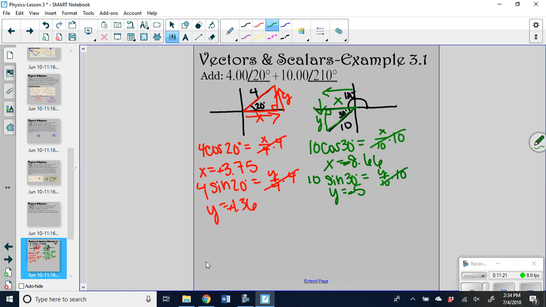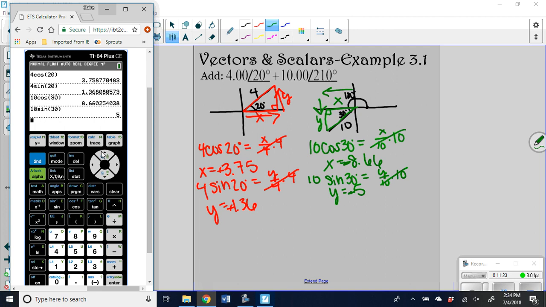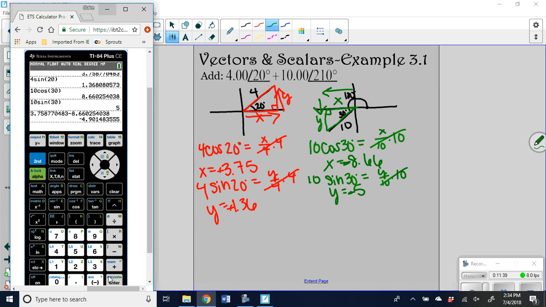So whenever we add our x's together, we're going to do the whole decimal place. So you need to go back up to your calculator number, this whole number in the calculator, and then subtract and do the whole number that your calculator gave you. Don't use the estimated one, or you're going to end up with the wrong answer. And so we get negative 4.9.